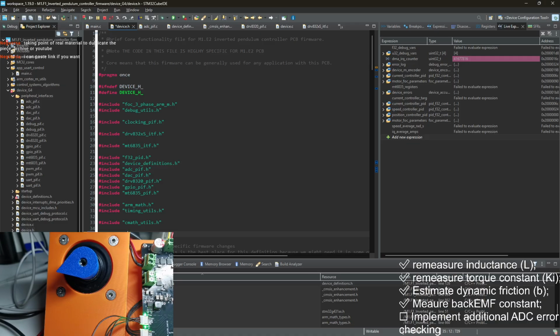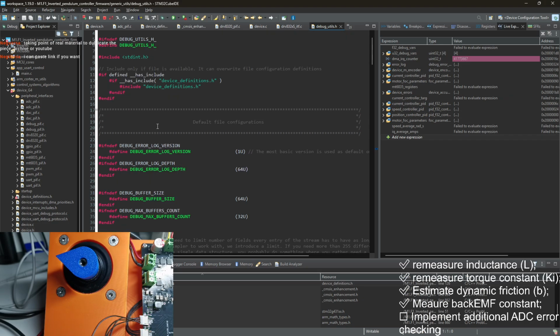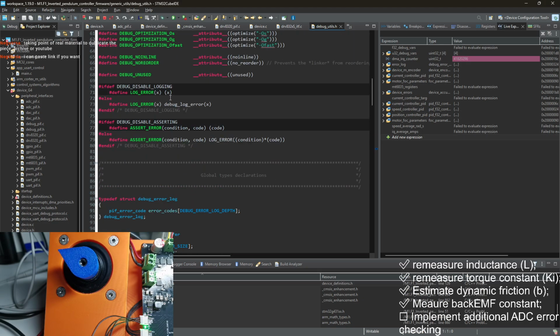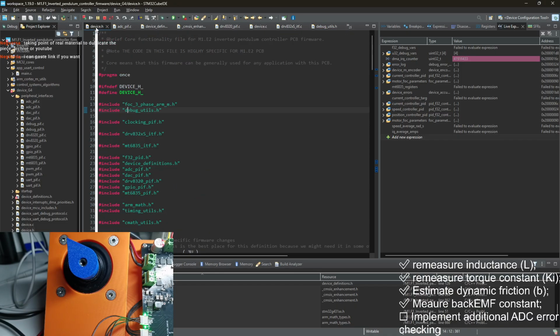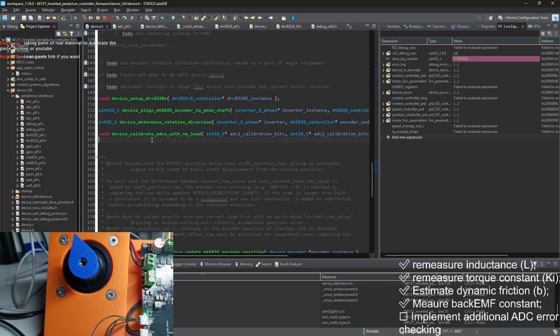What do I want to add? The bucket seals are here. Oh, they are here, but they should have a definition of a type. Error. Okay, I see. So it will be if error code, and let's say device check ADC timings, and it should be a void function because all of them are defined.